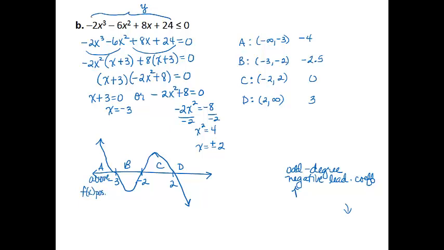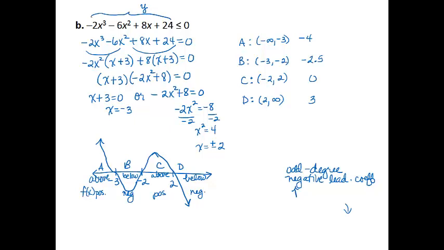Between negative 3 and negative 2, it's below the x-axis. F of x is negative there. Between negative 2 and 2, it's above. So the function values are positive. And to the right of 2, it is below, and the function values are negative.